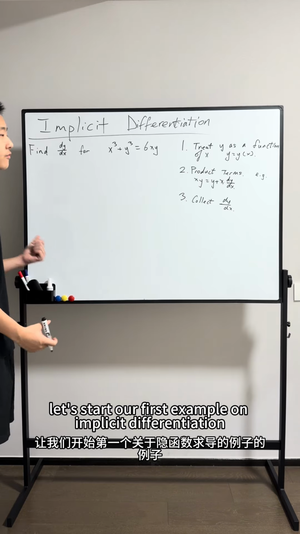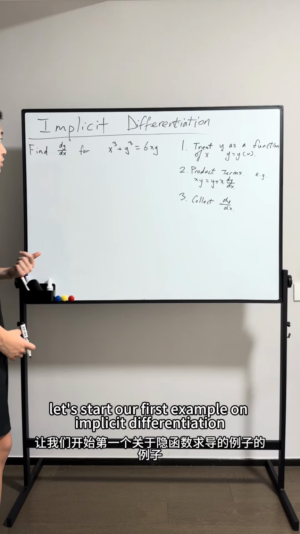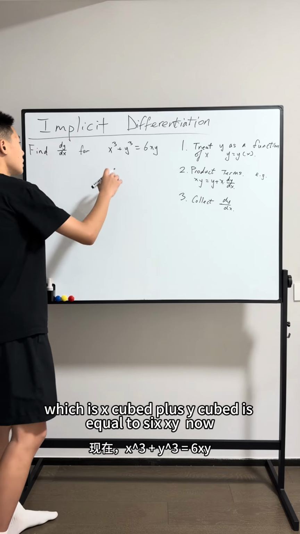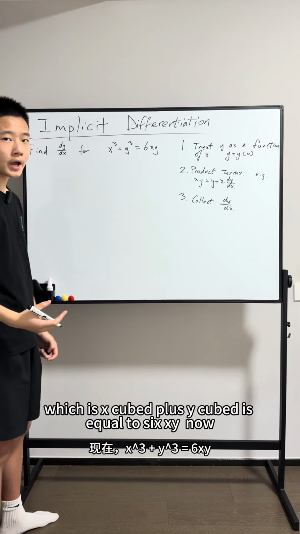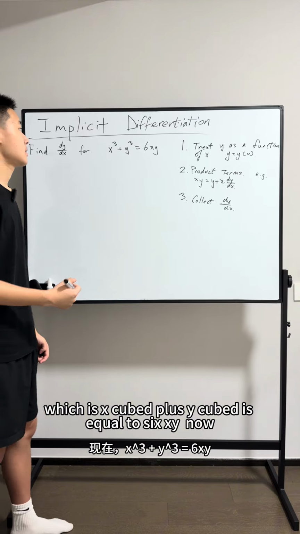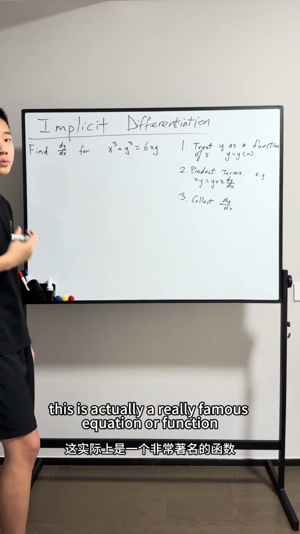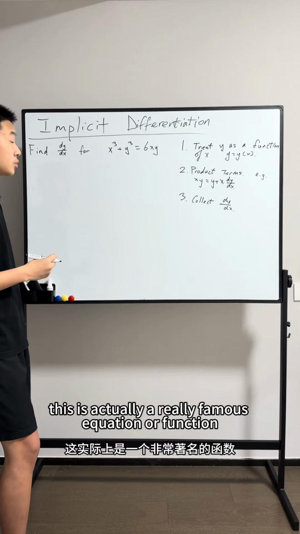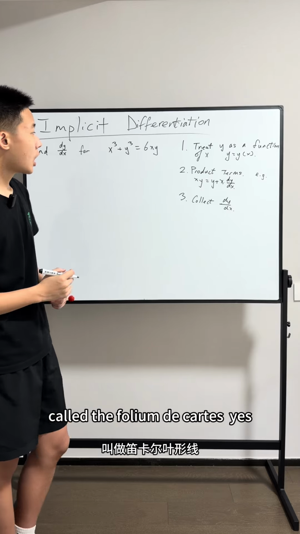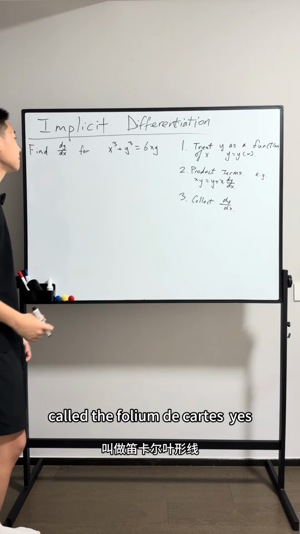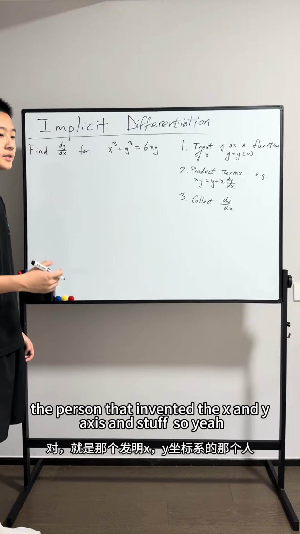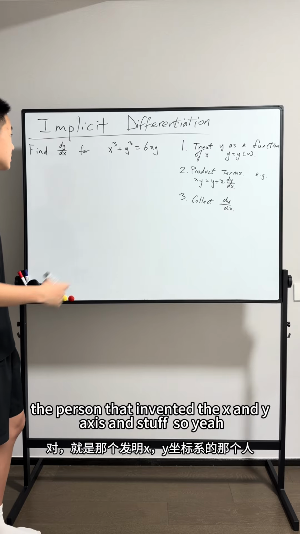So let's start our first example on implicit differentiation, which is x cubed plus y cubed equals 6xy. This is actually a really famous equation called the Folium of Descartes. Yeah, he's the person who invented the x and y axis and stuff.